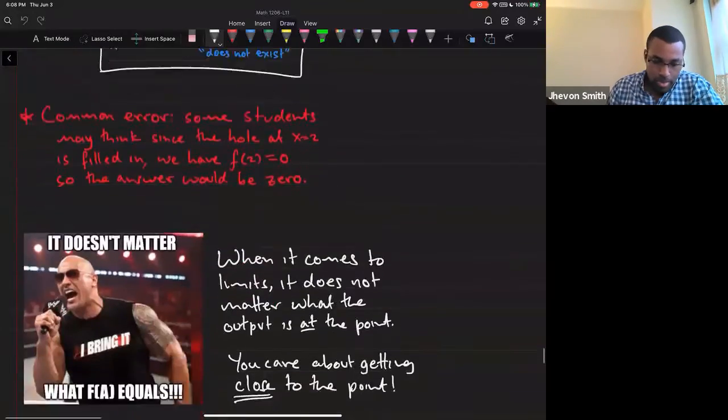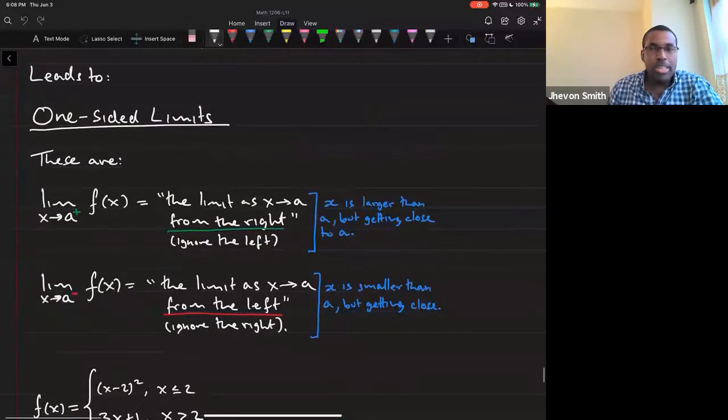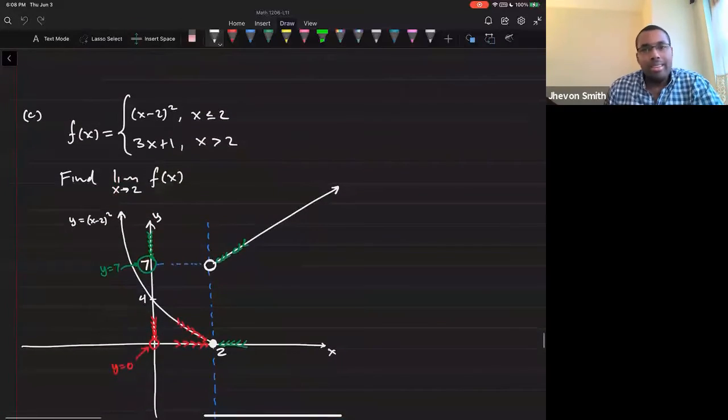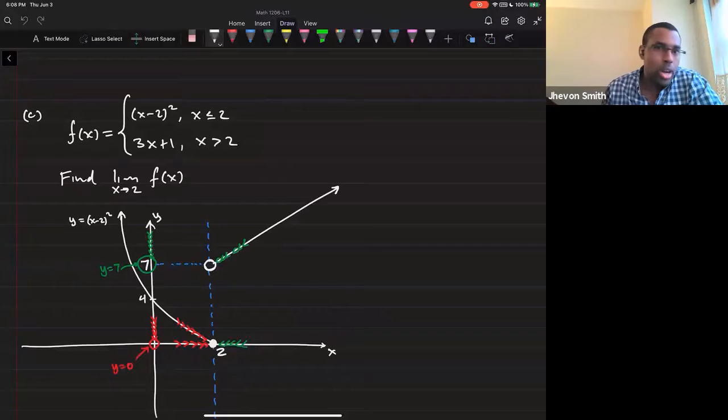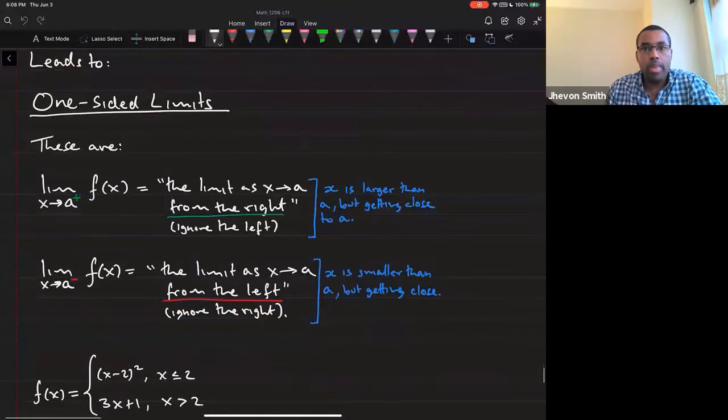But of course, if limits are about tracking the y values, there should be some way to talk about this example, right? To say that, technically our limit doesn't exist, but I definitely can describe in detail what the y values are doing. I can describe what they're getting close to in certain situations. And so we invented what are called one-sided limits, the limit as we approach from the right and from the left.